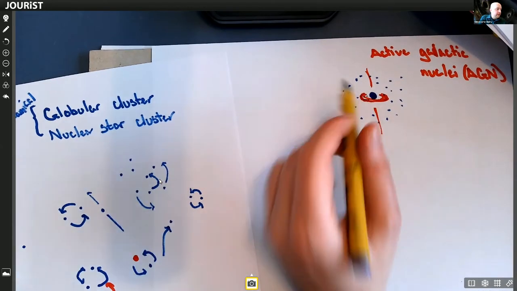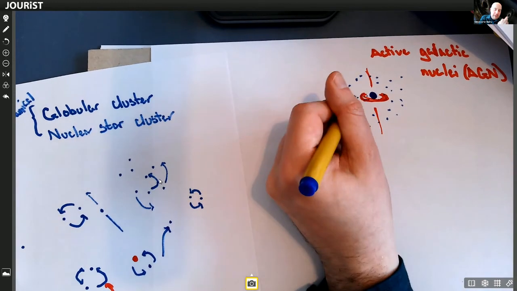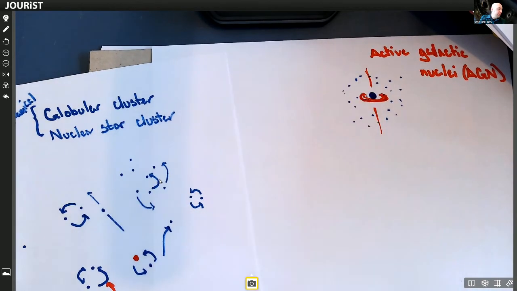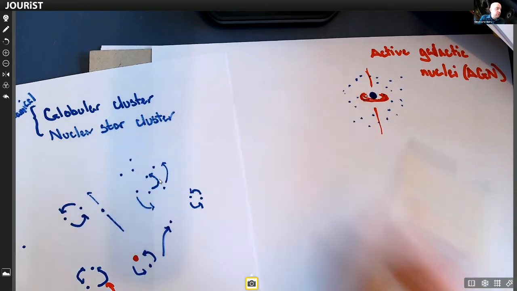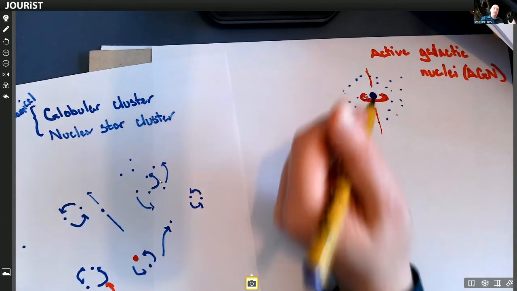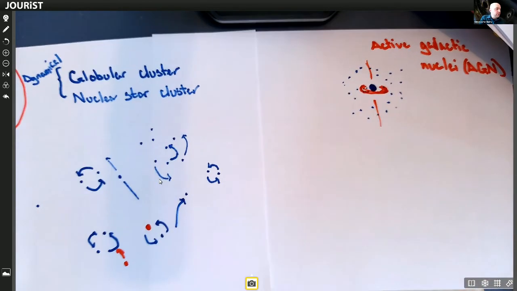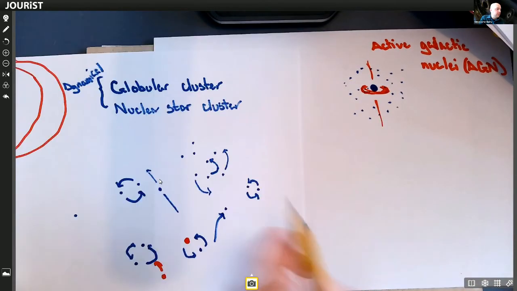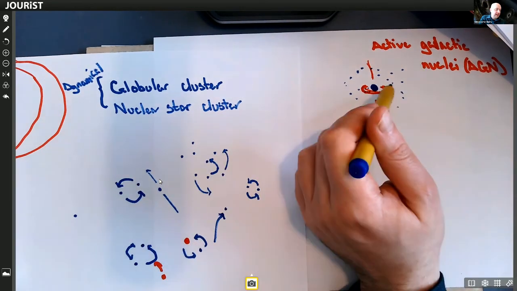Okay, and you can even have stars forming potentially in these disks at large distances, depending on how big it is. But you can have binaries then embedded in this disk being pulled together and formed and tightened up due to accretion, that they absorb material, they get more massive. So as well as the nuclear star clusters having dynamically formed binaries, we can also have binaries in our disk forming.